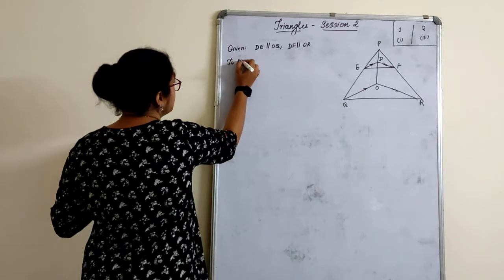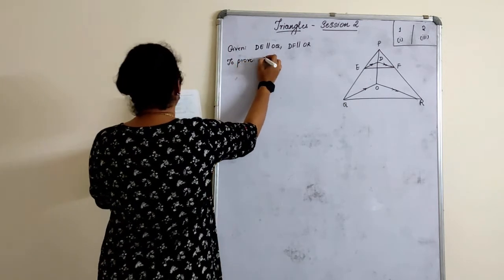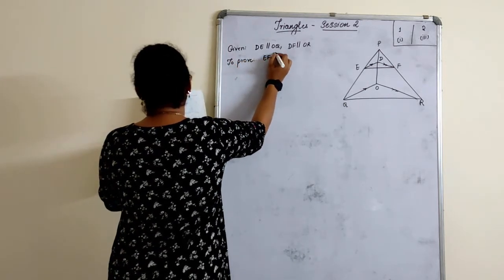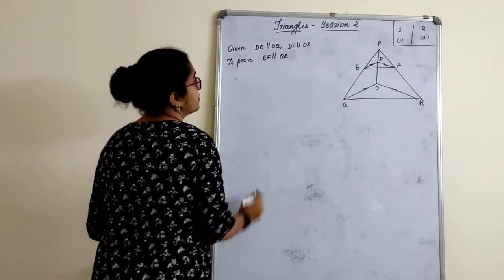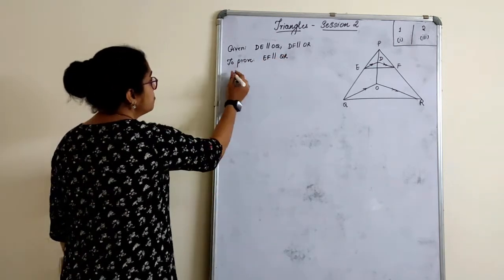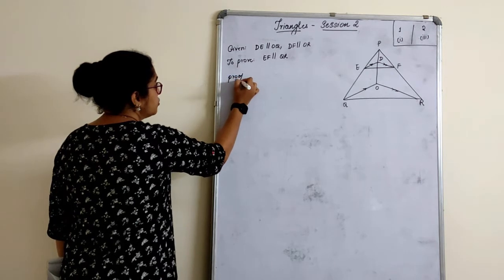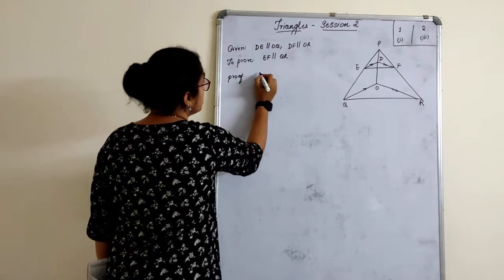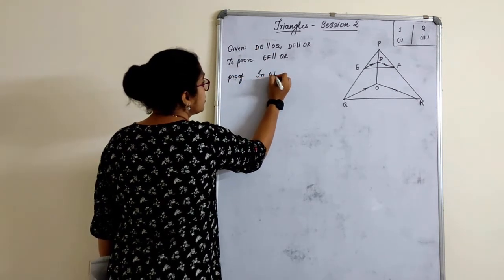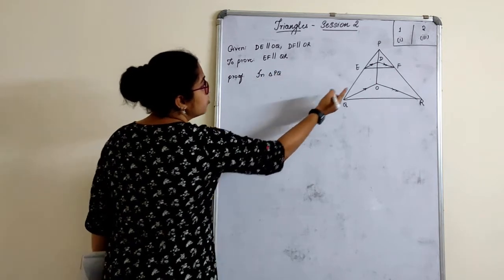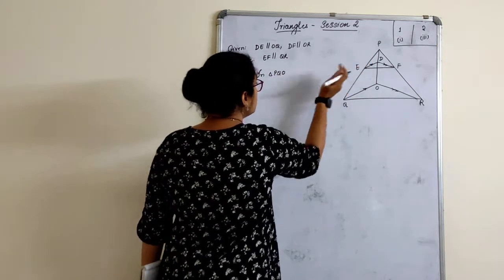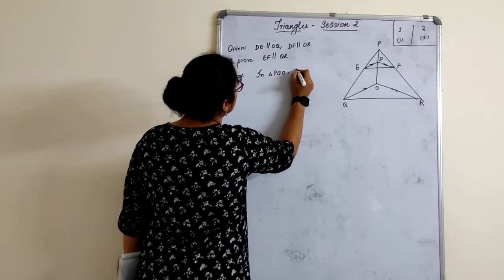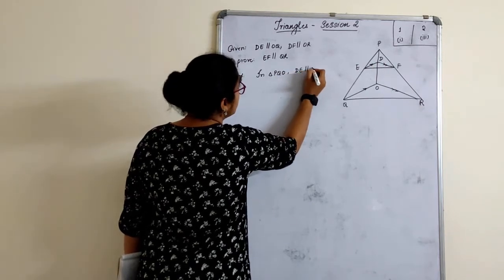To prove: EF parallel to QR. Right? So, proof part. Choose the triangles. First, in triangle PQO, this part.